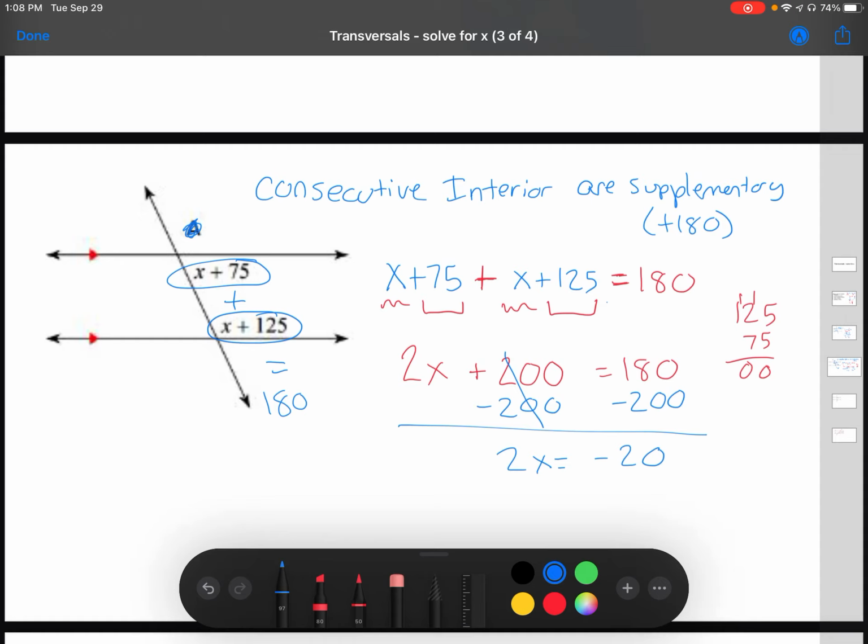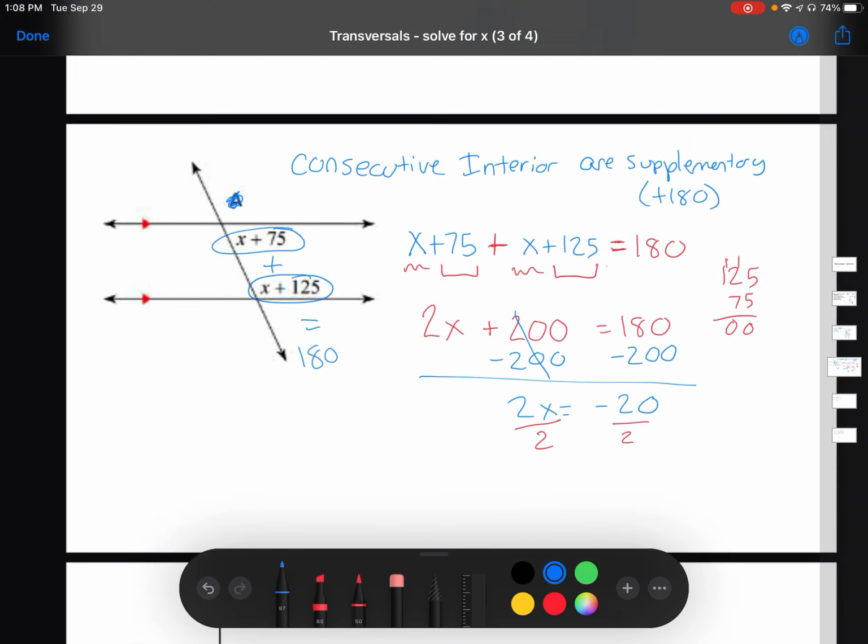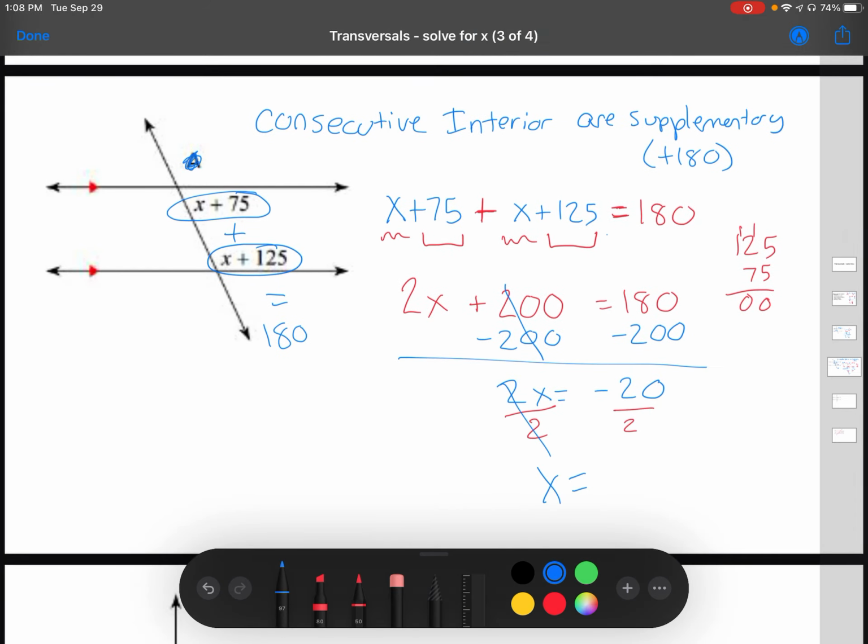Right. Then step 5 is to multiply or divide. Right. The opposite of multiply by 2 is to divide by 2, leaving us with x equals negative 10. There we go.